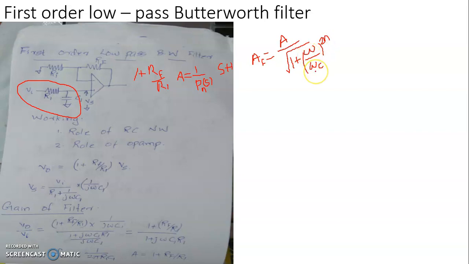So omega by omega c is of course f by fc. So the gain AF is equal to A by root 1 plus f by fc all raised to 2n.